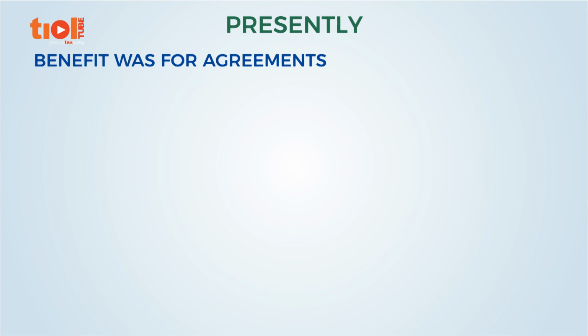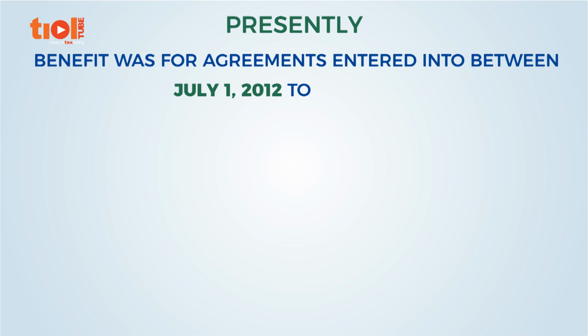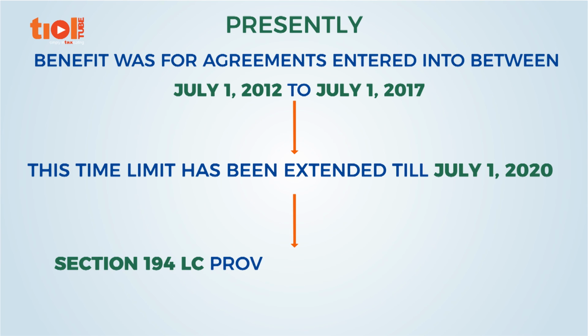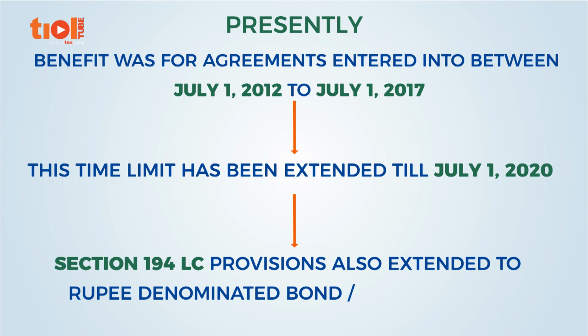The provision was applicable to loan agreements or long-term bonds issued on or after July 1, 2012 with a sunset clause that the benefits would only be applicable to the agreements entered or issuances carried out before July 1, 2017. The sunset clause has been proposed to be extended to July 1, 2020. The benefits of Section 194LC have also been extended to the much talked about rupee-denominated bonds or masala bonds.